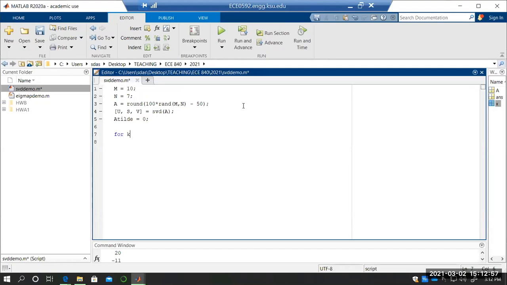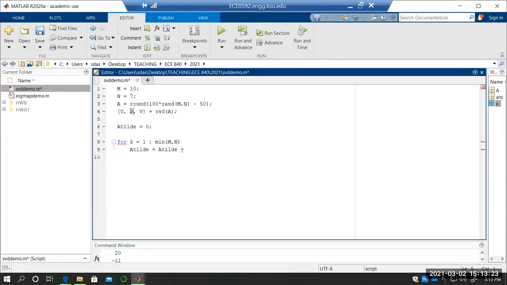Okay, so for k equals 1 through min m n, what I do is A tilde equals A tilde plus, let me do one thing. So this S is a matrix, a diagonal matrix. I'll just take the diagonal elements of it.